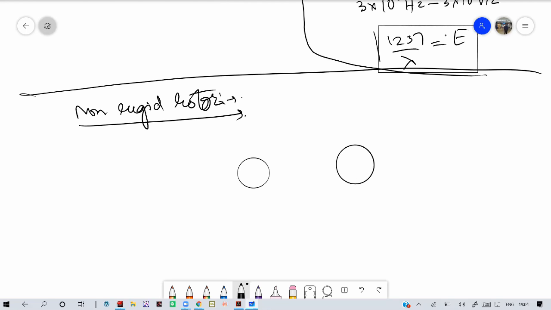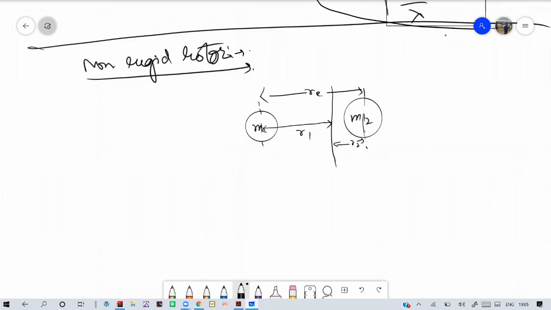If you have one atom or two, then the rotational spectra of a non-rigid molecule will be dependent on the distance between the two atoms.